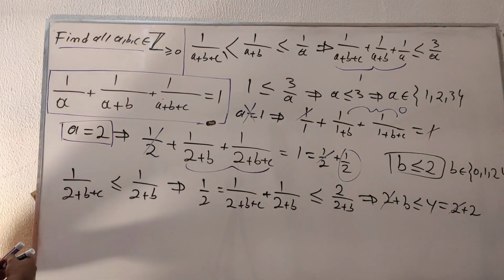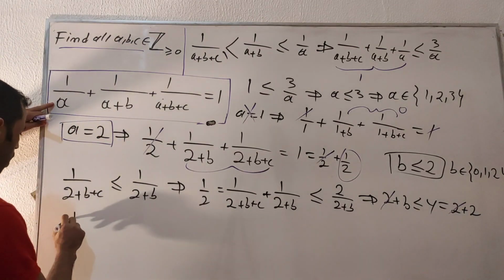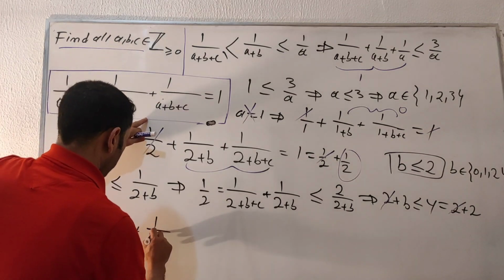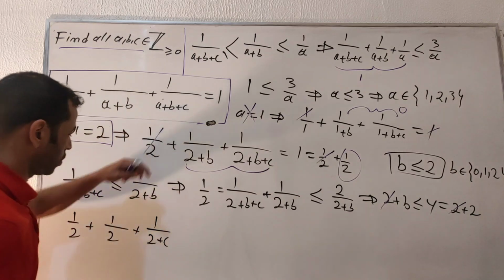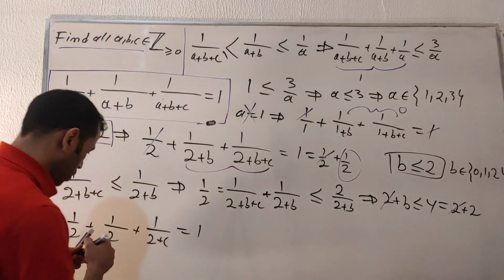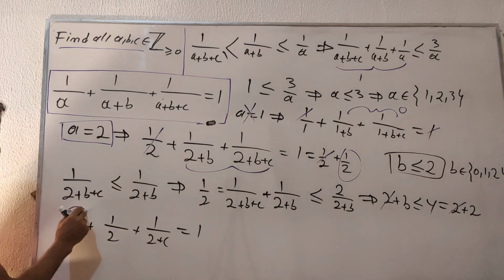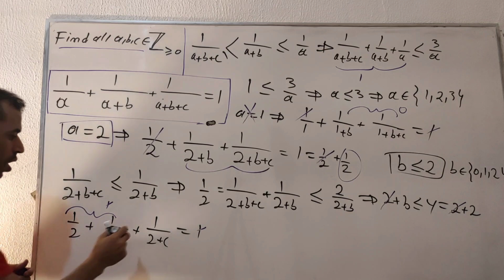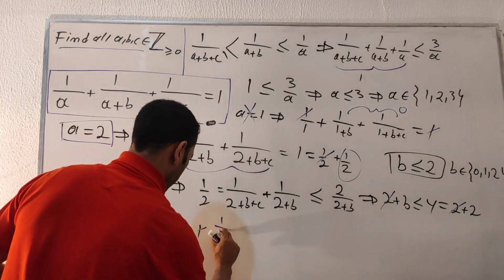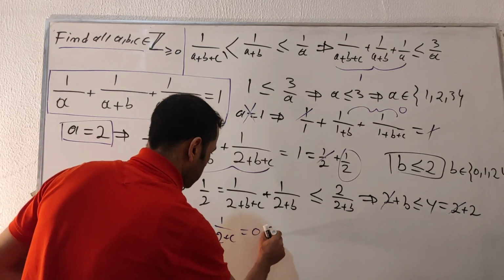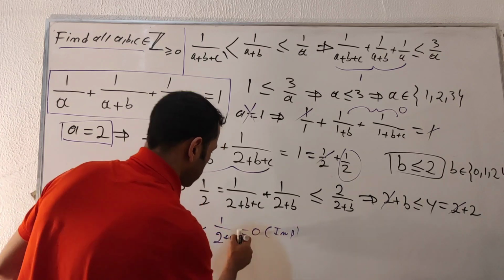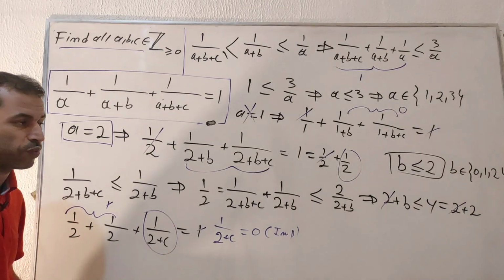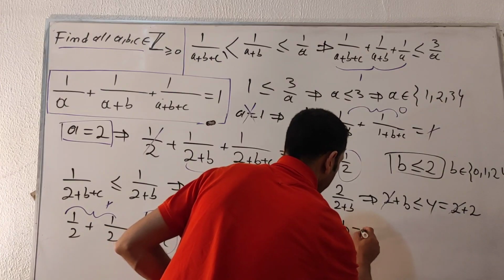For b equal to 0, I get half plus half plus 1/(2+c) equals 1. Cancelling 1 from both sides, I will be left with 1/(2+c) equals 0. Clearly this is impossible, so b equals 0 is ruled out.